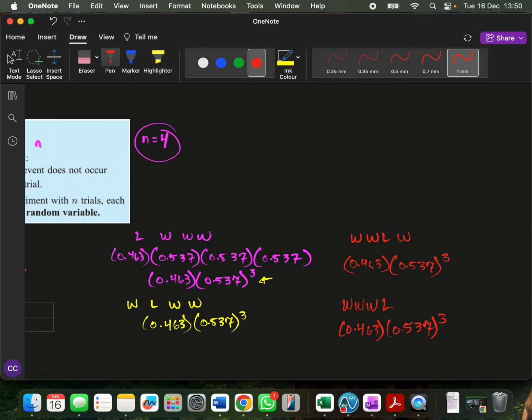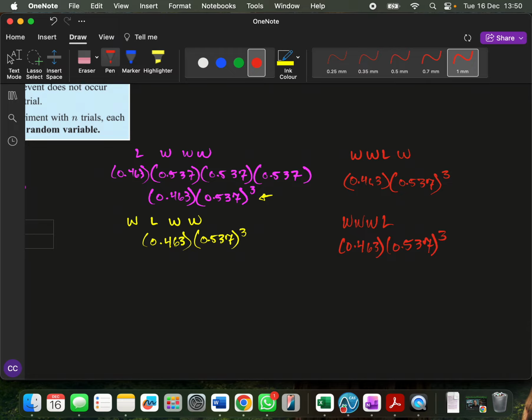So overall, there's 4 different ways for the Tigers to have won 3 of their last 4 games, and that would look something like that.